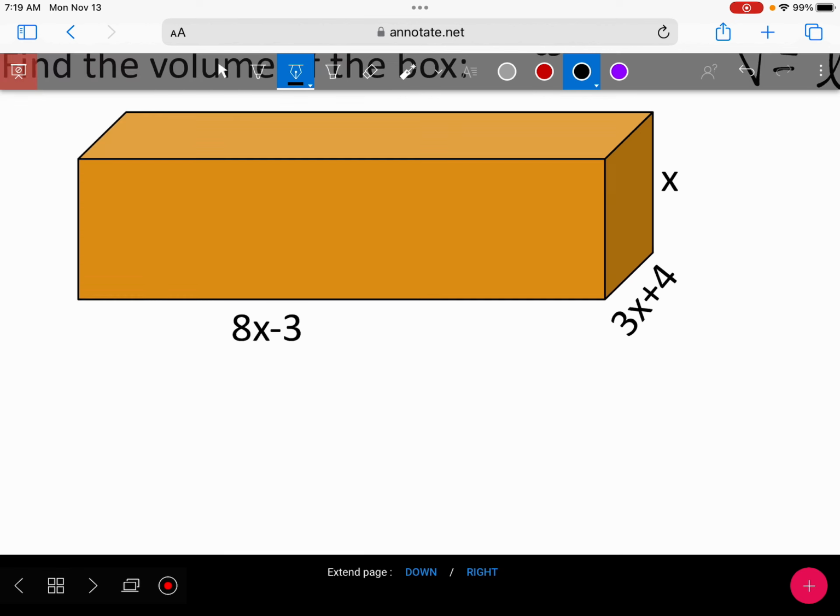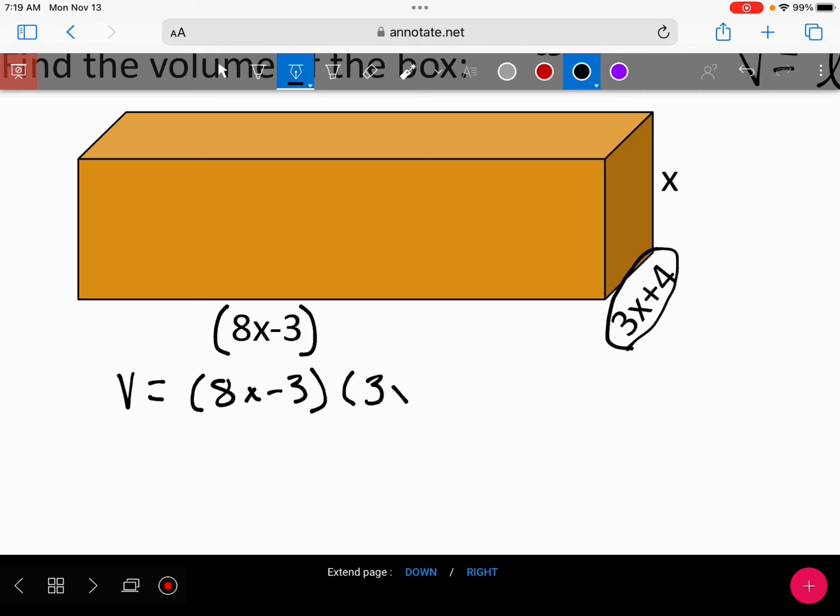So to find the volume of this box, we're going to take our length, 8x minus 3, times our width, 3x plus 4, times x.